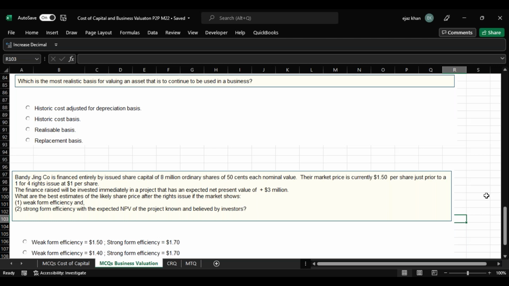That may be a totally inefficient stock market. That means even if something happens, the stock market won't respond to it. I don't think that this is something that we should even be assuming. It's totally irrational to believe so, that the stock market will not at all respond to any information.